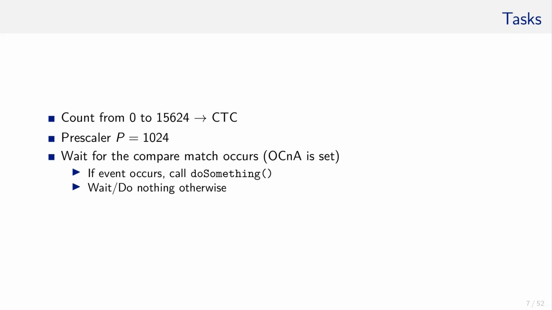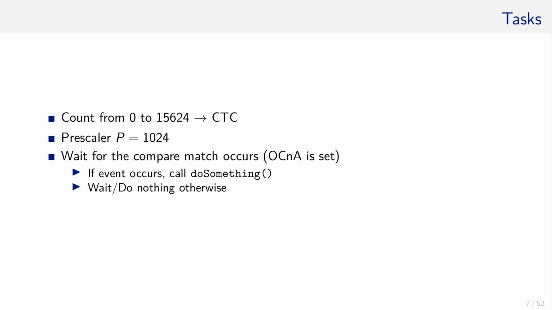So for the blinking LED example, what do we need to do? First, we will count to a specific value and reset the counter after reaching it. So we need the clear timer on compare match mode, or CTC in short.